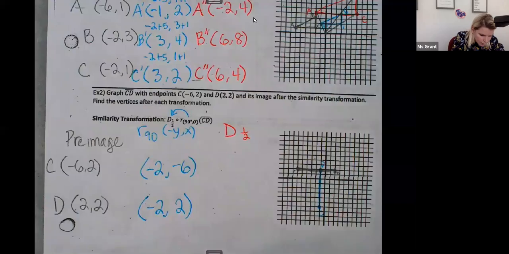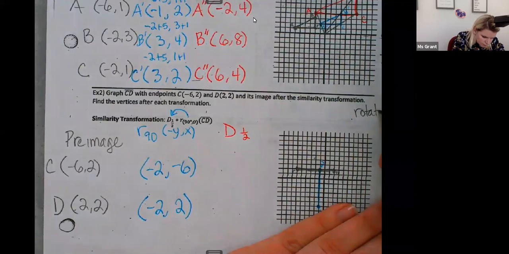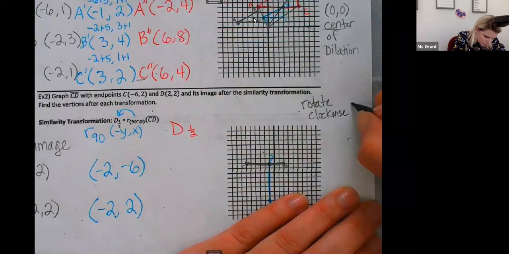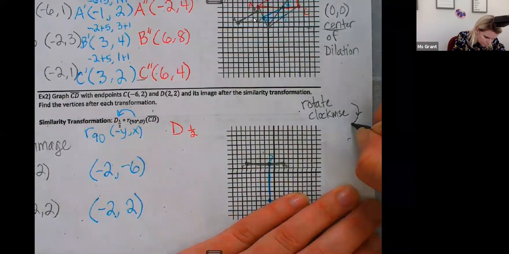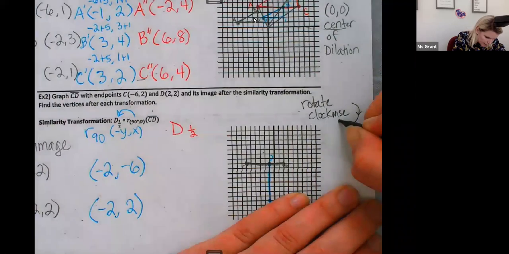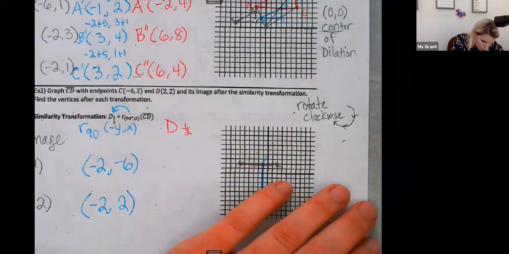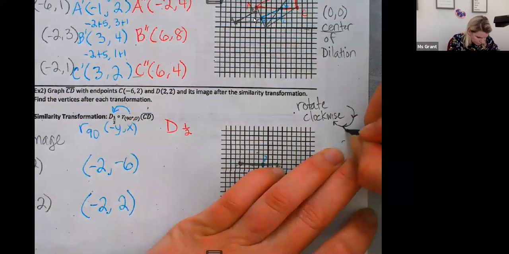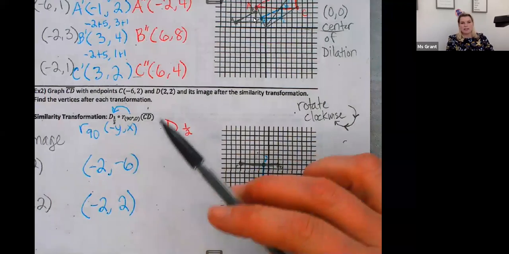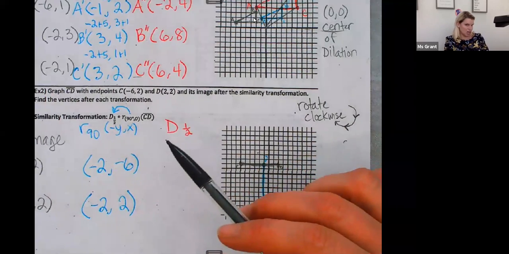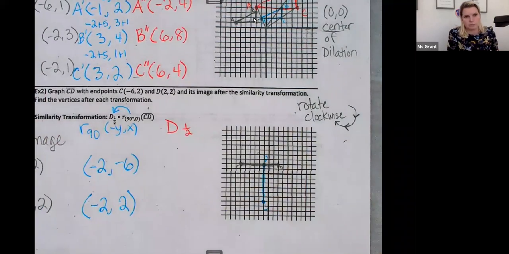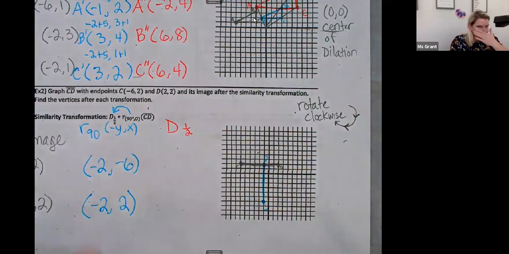When I say rotate clockwise in words, I rotate a shape in that direction. But in the rotation notation, it actually goes the opposite direction. You just memorize the ordered pairs and the tricks to the ordered pairs.